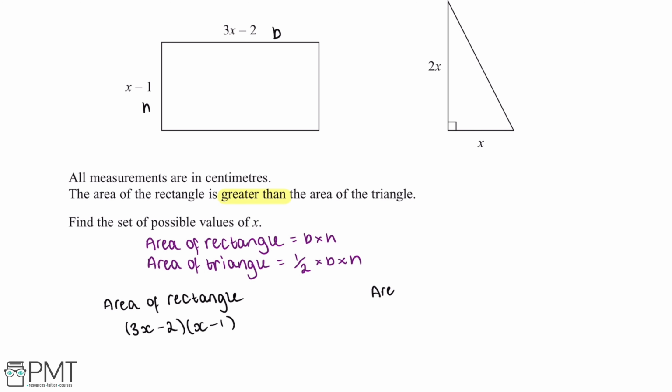Next we can work out the area of the triangle. Our formula is half multiplied by base multiplied by height, and the length of our base is x, and the length of our height is 2x. So this means the area of the triangle will be a half multiplied by x multiplied by 2x.